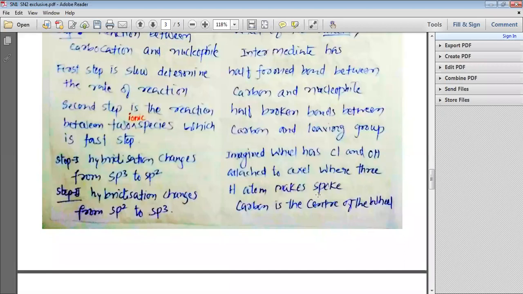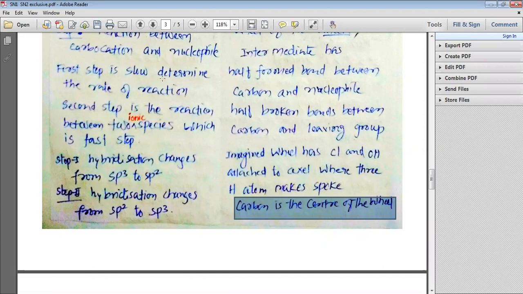So this is how, my dear students, we can understand. And it is very important to note that the carbon is the center of this wheel. So this carbon atom is present as the center of this wheel. This is how we can imagine and understand this particular reaction.